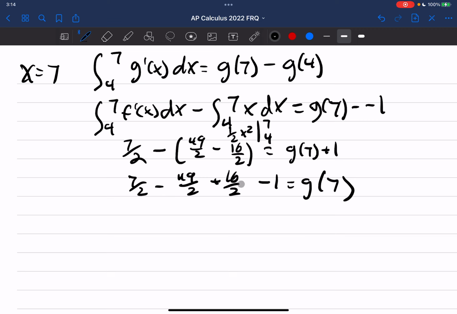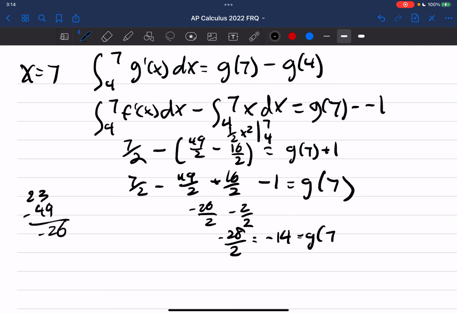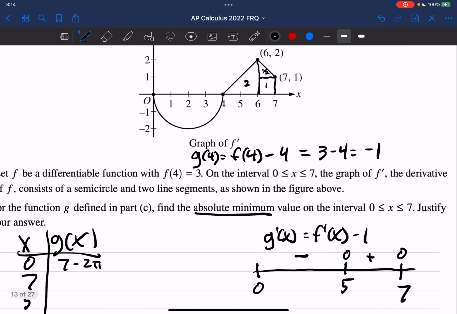All right, so let's see, 7 and 16 make 23, minus 49. If we switch that around, that's just going to be negative 26. So negative 26 over 2 minus 2 over 2 is negative 28 over 2, which is negative 14, equals g of 7.